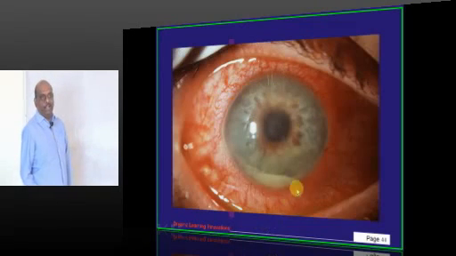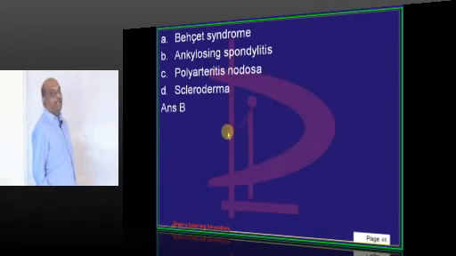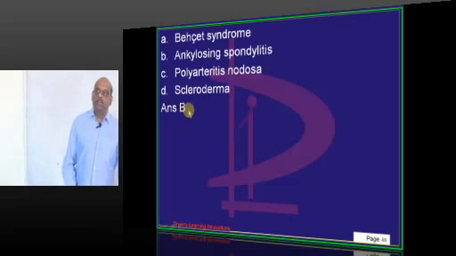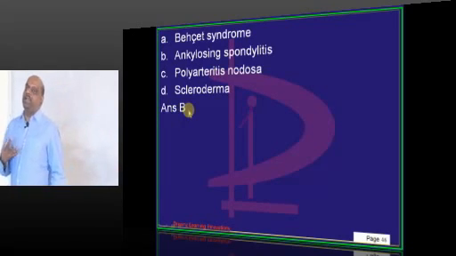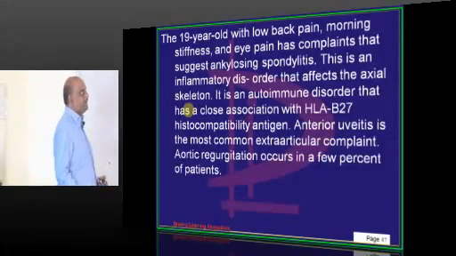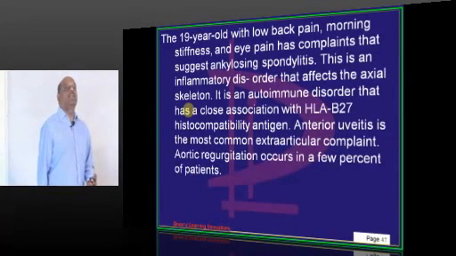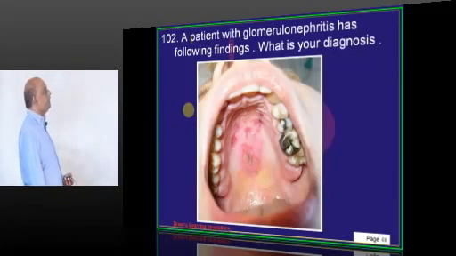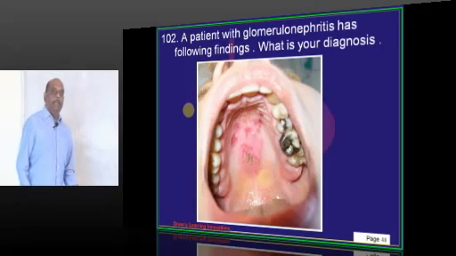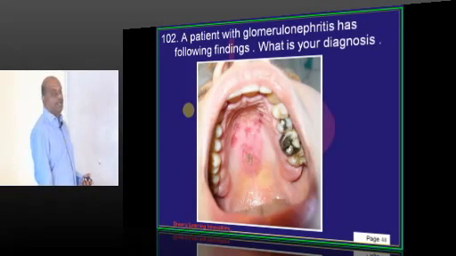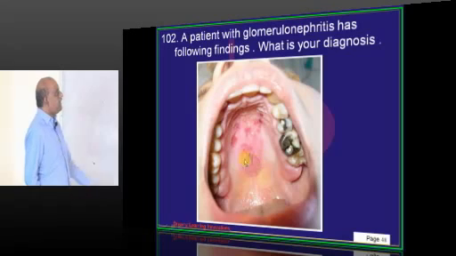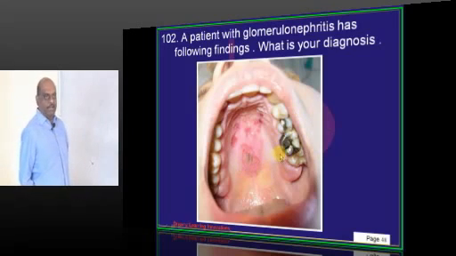Also he has uveitis. Typically in ankylosing spondylitis, people also have aortic regurgitation along with uveitis as the extra-articular manifestations of ankylosing spondylitis.